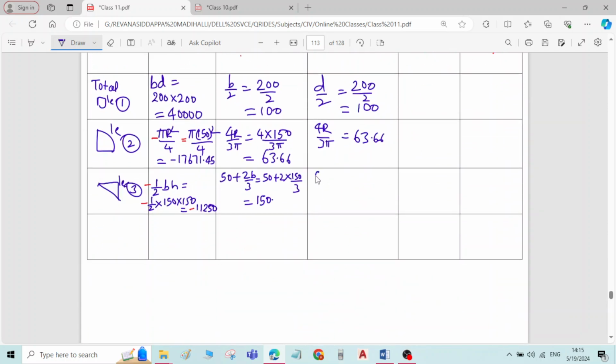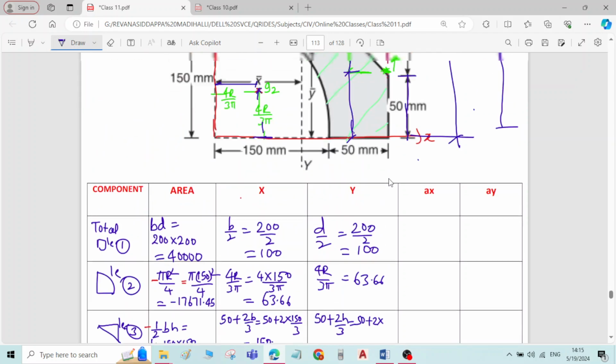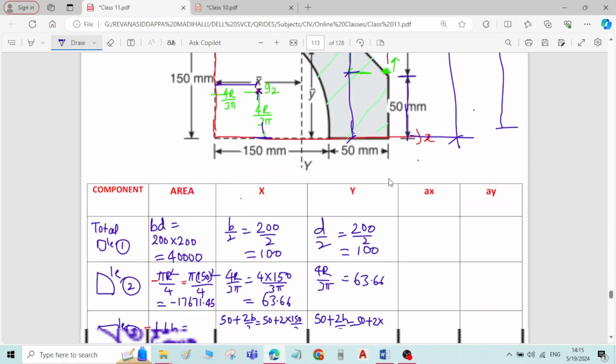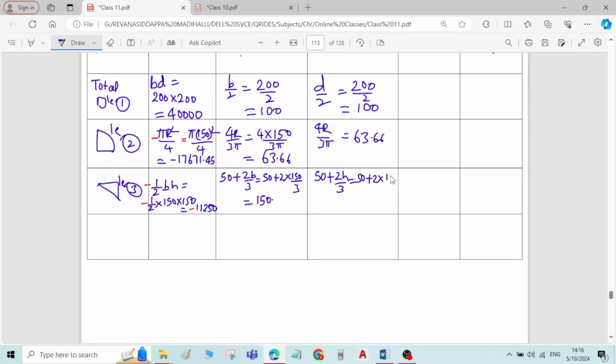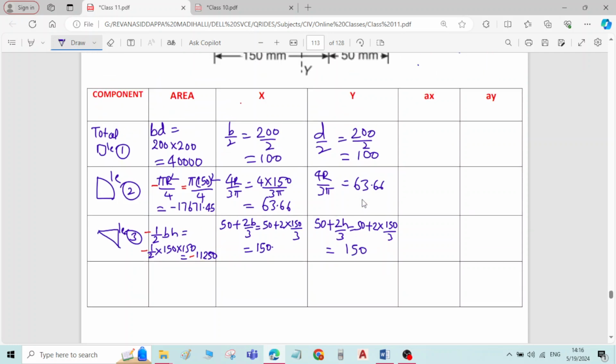So it is 50 plus 2 into the height of the right angle triangle, which is 150 only, by 3. The answer is 150 again. Coming to the AX and AY values, multiply 40,000 into 100.